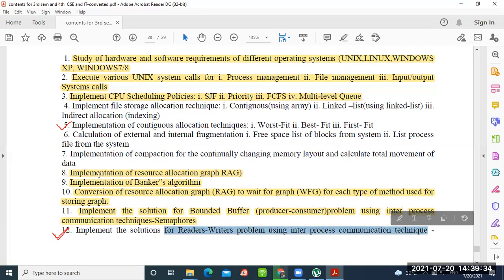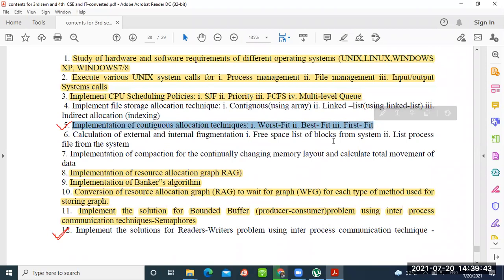Then today we are going to implement the continuous memory allocation technique for worst fit, best fit and first fit. In later labs we will discuss different techniques like continuous allocation using an array or linked list, non-continuous allocation, and indirect allocation like the indexing technique.